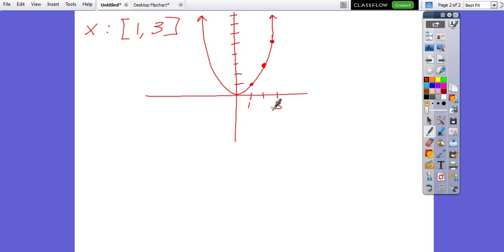Use the x values that they give you. So we always measure rate of change based on a given interval of x values. So they gave us 1 and 3 for our interval. So I need to go to where 1 is and where 3 is on my graph, and it might help you to draw a little dotted line from that x value up to the graph.